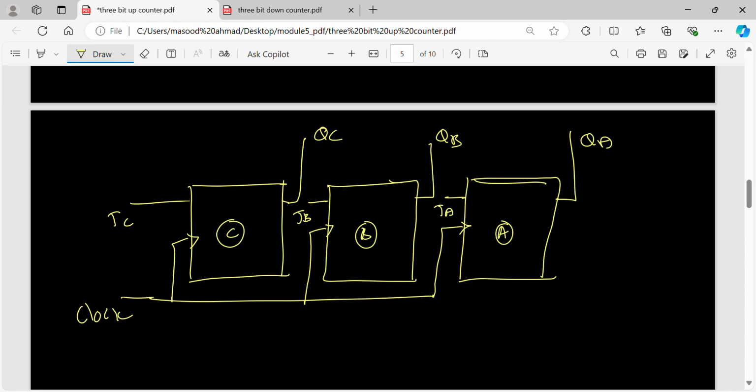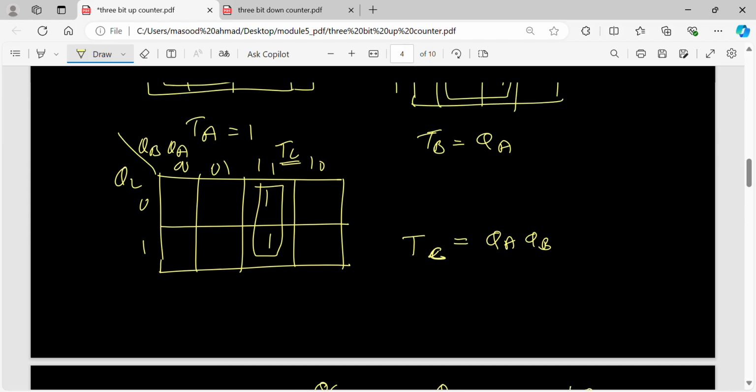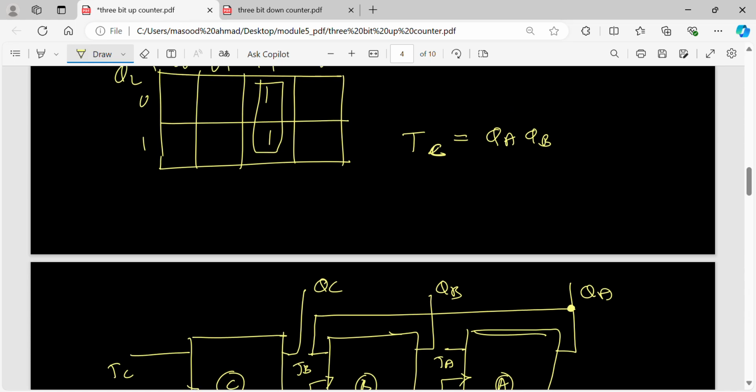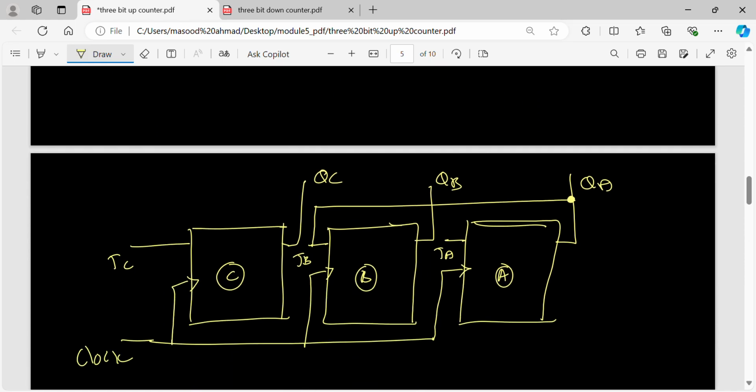What we got is TB is nothing but QA. So I take TB and connect this to QA. Next, TC is QA QB.